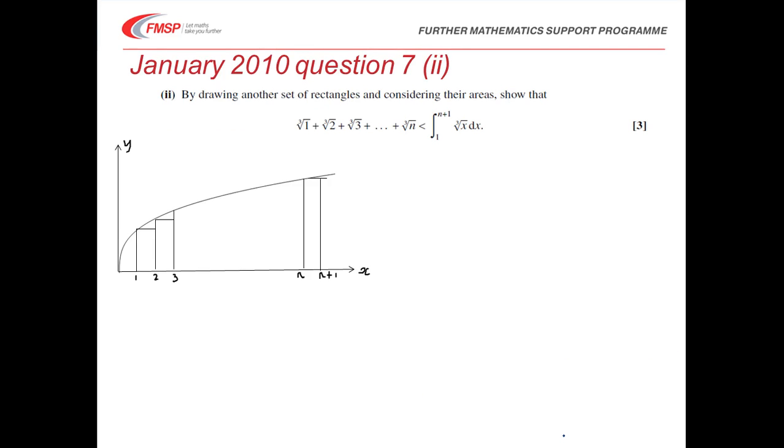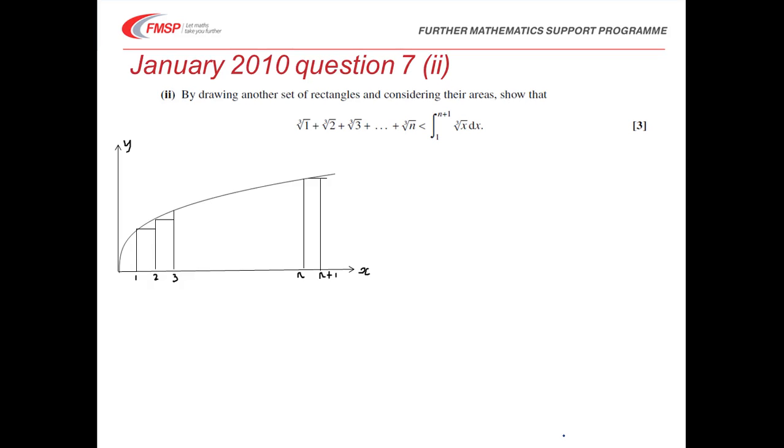And then in part 2, it says by drawing another set of rectangles and considering their areas, show that the same sum is less than the integral of cube root of x between 1 and n plus 1. And the trick here is to shift the rectangles 1 unit to the right.